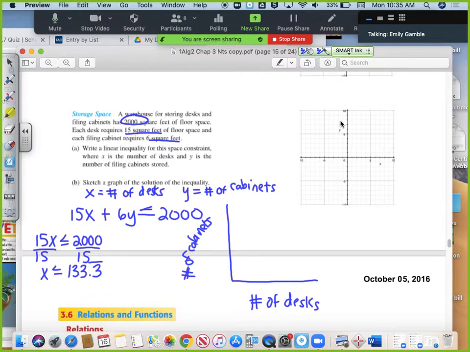That's the x-intercept. And then the y-intercept, you would let x be 0 and solve the little inequality. 6y is less than or equal to 2,000. You would divide by 6, and you're going to get y is less than or equal to 333.3 repeating.